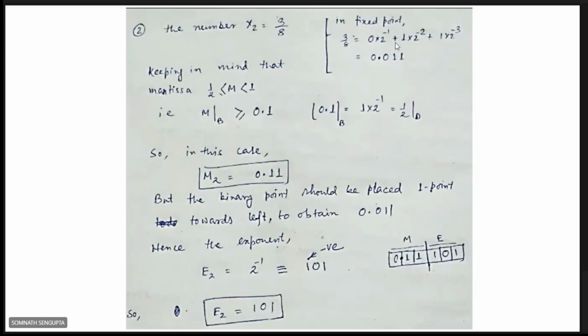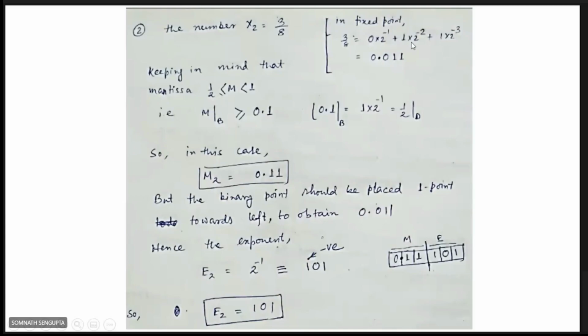0. After the binary point, all the digits should be multiplied with the power of 2 corresponding to the position, that is negative. If you multiply 0 into 2 to the power minus 1, then it is 0.